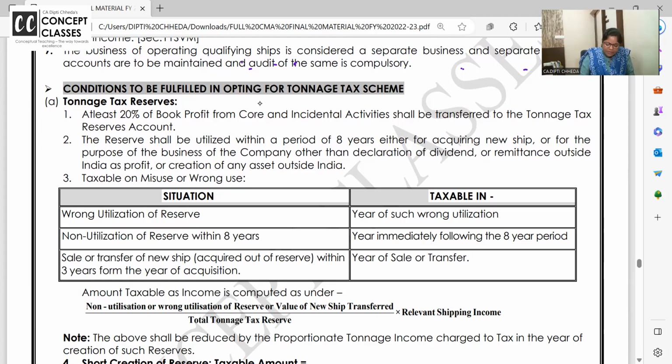At least 20% of the book profit from the core and incidental activity should be transferred to tonnage tax reserve, TTR.